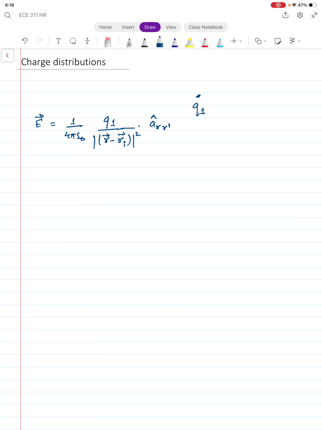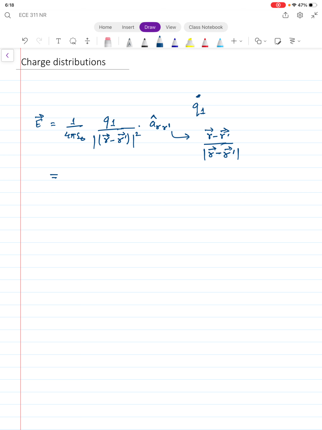Okay, so that was our electric field, and this unit vector of course can be written as r minus r prime, divided by the magnitude of r minus r prime.